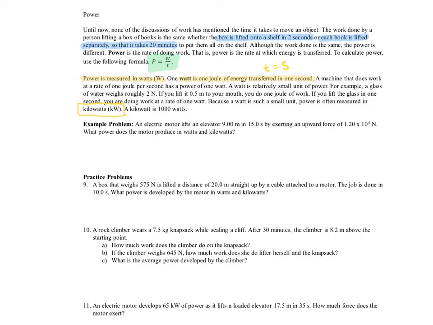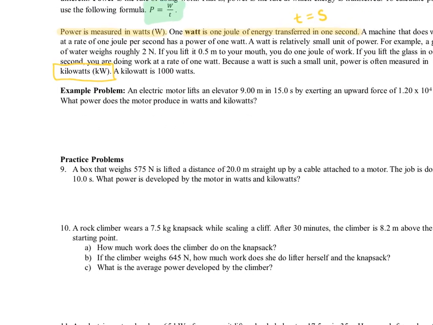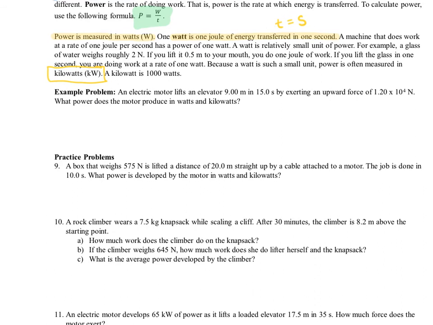So for the example problem here, we have an electric motor lifts an elevator 9 meters. So our distance is 9 in 15 seconds. Time is 15, by exerting an upward force of 1.2 times 10 to the 4th newtons. What power does the motor produce in watts and in kilowatts?